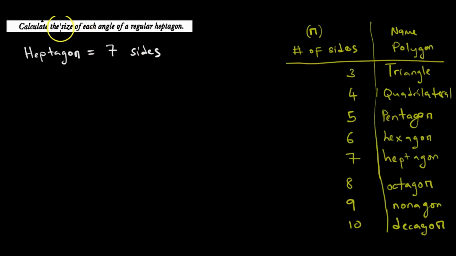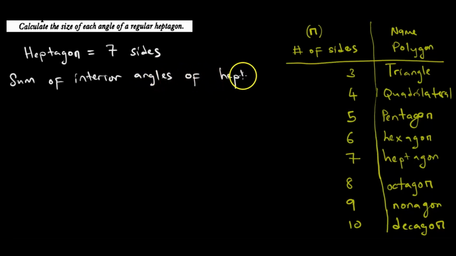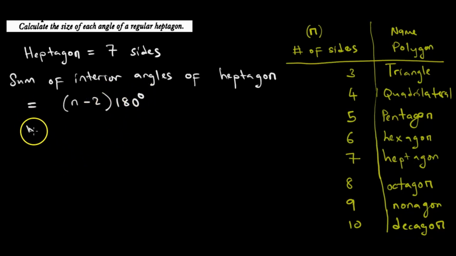So when we are asked to calculate the size of an angle, we start by writing the sum of interior angles of a heptagon. The sum of interior angles of a heptagon is equal to (n minus 2) multiplying 180 degrees. But we know n is equal to 7, since n represents the number of sides and a heptagon has 7 sides.